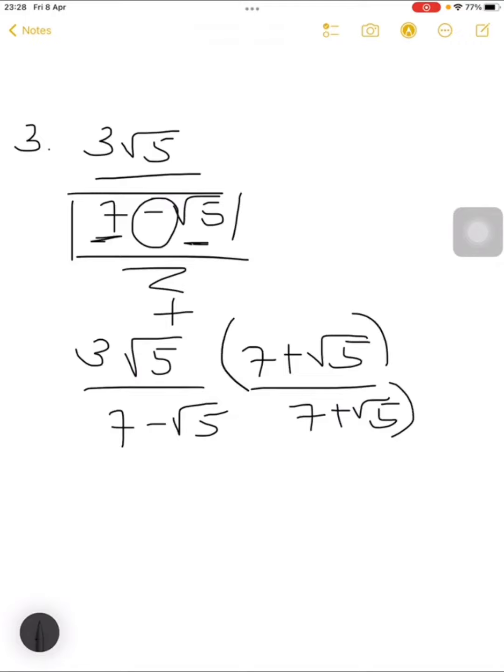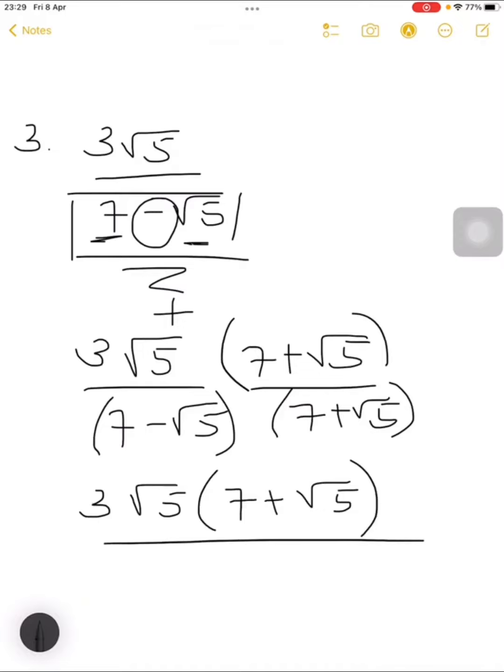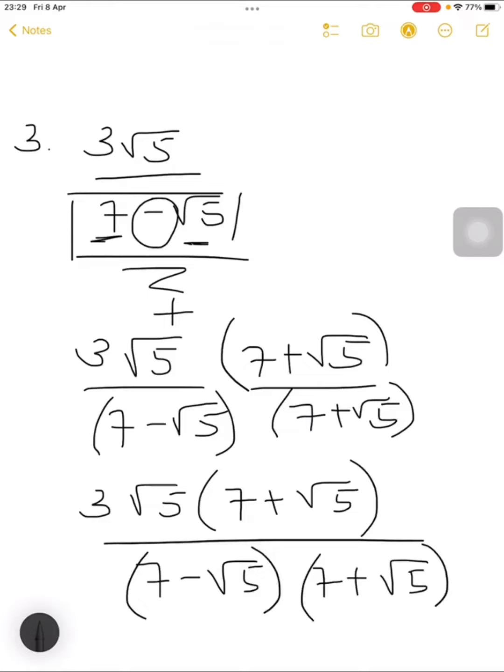So we are going to multiply now 3 root 5 multiplied by 7 plus root 5 all over 7 minus root 5, and then we multiply by 7 plus root 5. 3 root 5 multiplied by 7, the root is just on 5 alone, so we'll multiply the whole numbers 3 and 7.